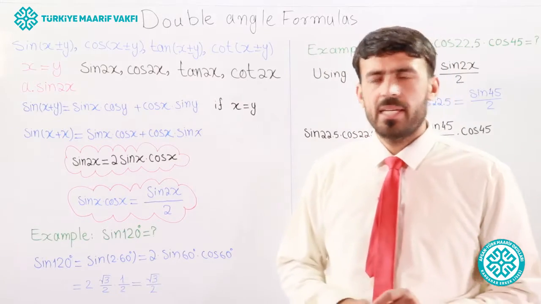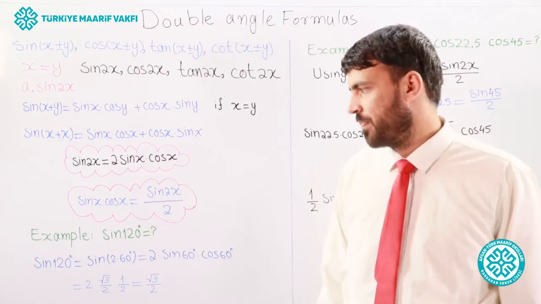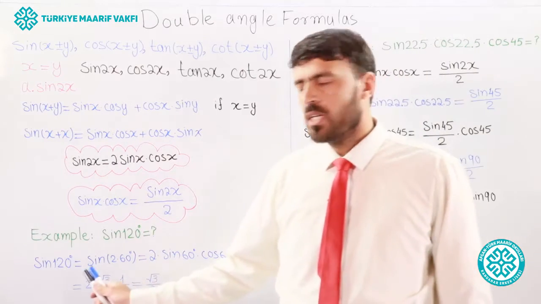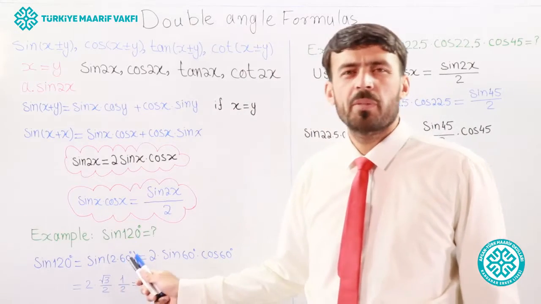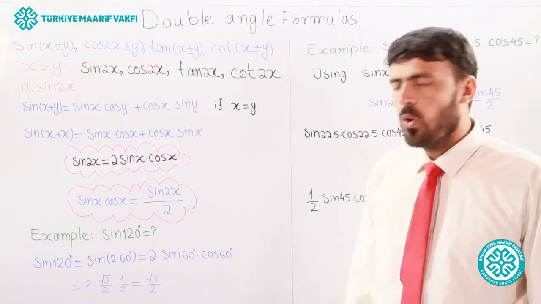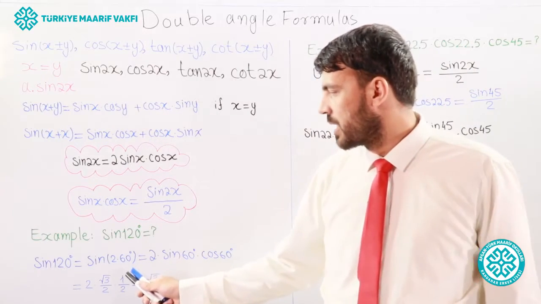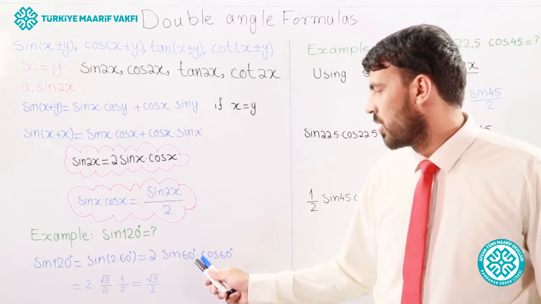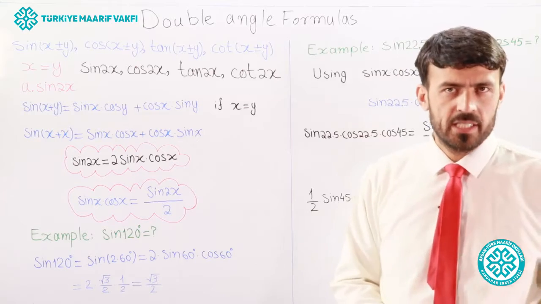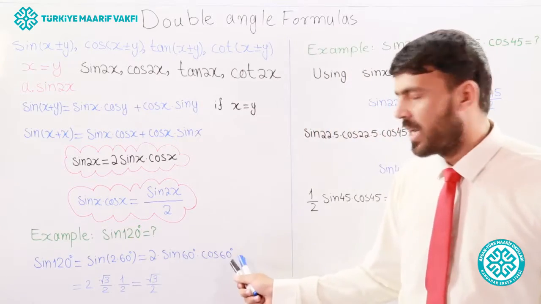The first example is to find sine 120 degrees. We can write sine 120 degrees as sine 2 multiplied by 60. We can apply the double angle formula and write 2 sine 60 multiplied by cosine 60. We know the values for sine 60 and cosine 60.